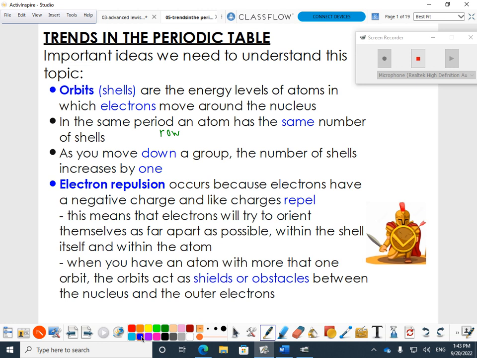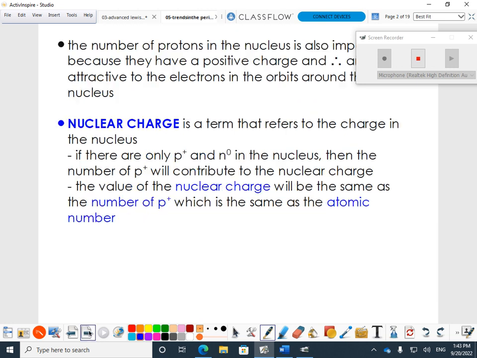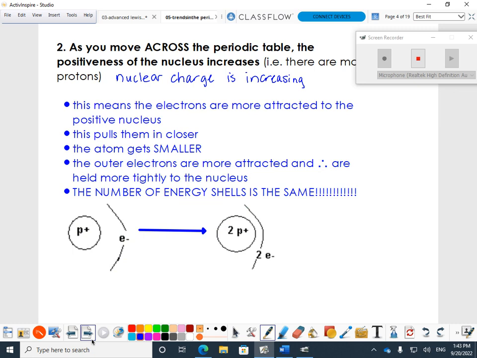We also talked about nuclear charge and the number of protons. And when you have increasing nuclear charge, then you're able to pull electrons in closer, creating a smaller atom.